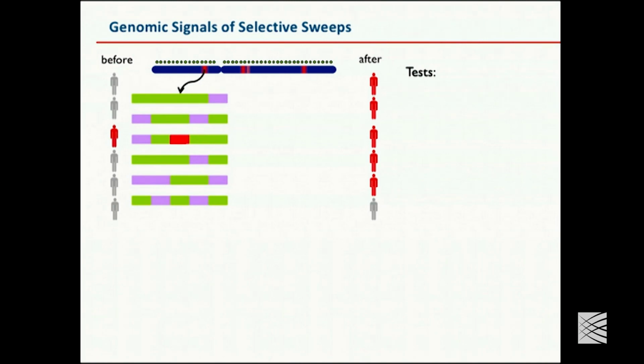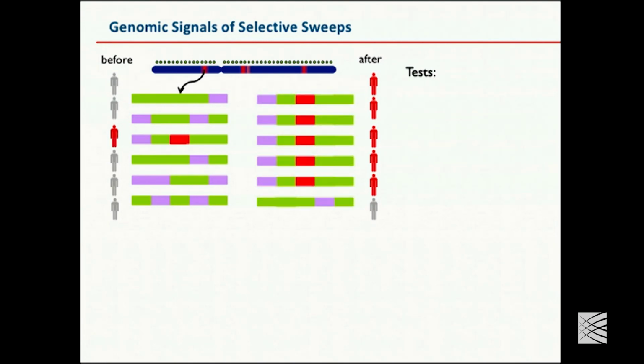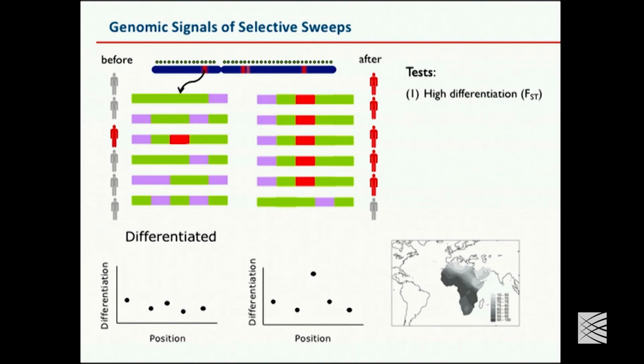The idea is that initially you have a bunch of different haplotypes in the population, different genetic variation, and this red mutation occurs, and then afterwards it spreads in the population. Now in the region around that particular change, everybody's the same, or at least most people are the same, depending on how frequent it has become. And that's basically what you're testing for.